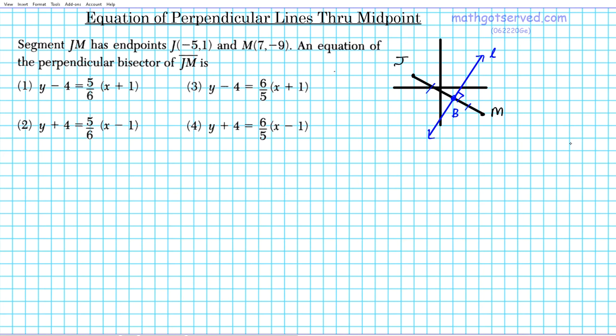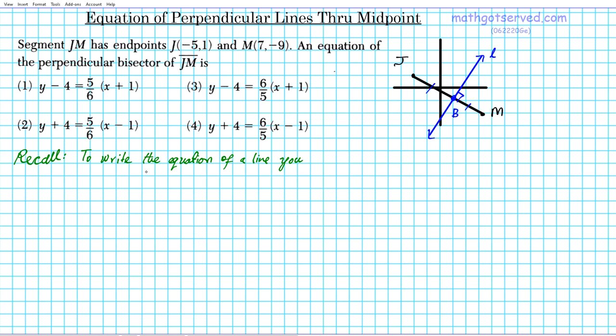First of all, we need to talk about what is needed to generate the equation of a line. Something that you want to recall, very important, is as follows. To write the equation of a line, you can either have the slope and the y-intercept, or you need a point and a slope, or 2 points.